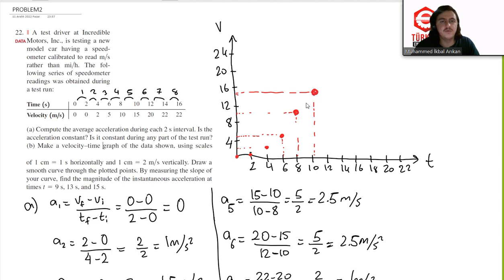So this is our point. When time equals 12, our velocity is 20. So this is the other point. When time equals 14, our velocity will be just 22.